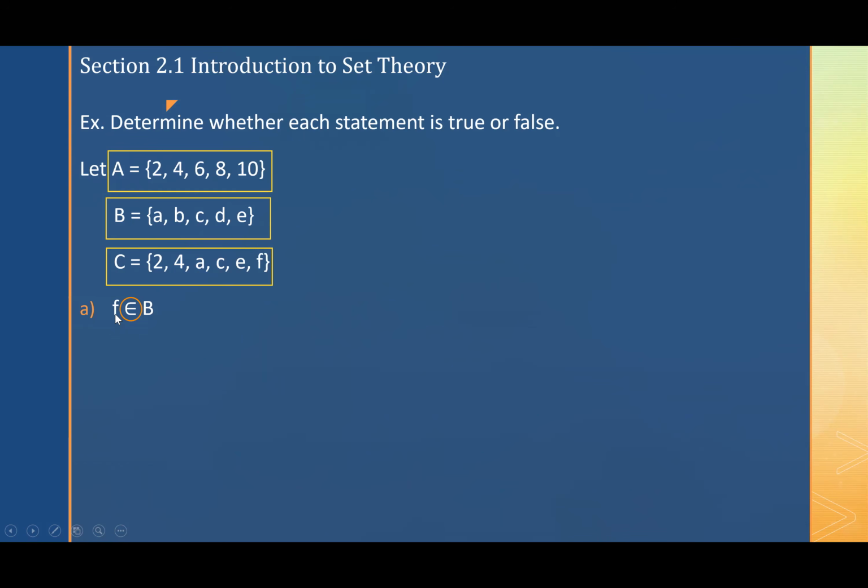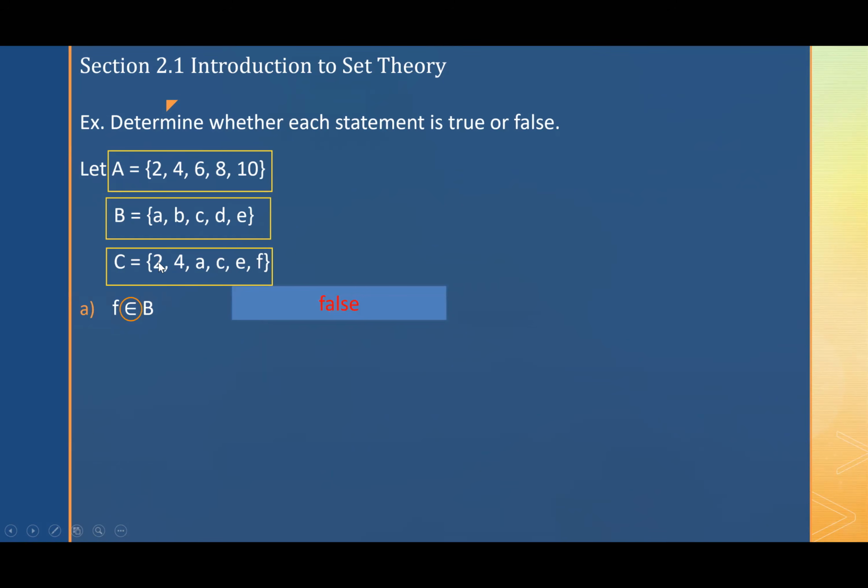Does the element F belong inside the set that I call B? You see that set B is A, B, C, D, E. The set only has 5 letters, and none of them is the letter F. So as you can see, this is a false statement, right? Because I don't have a letter F.